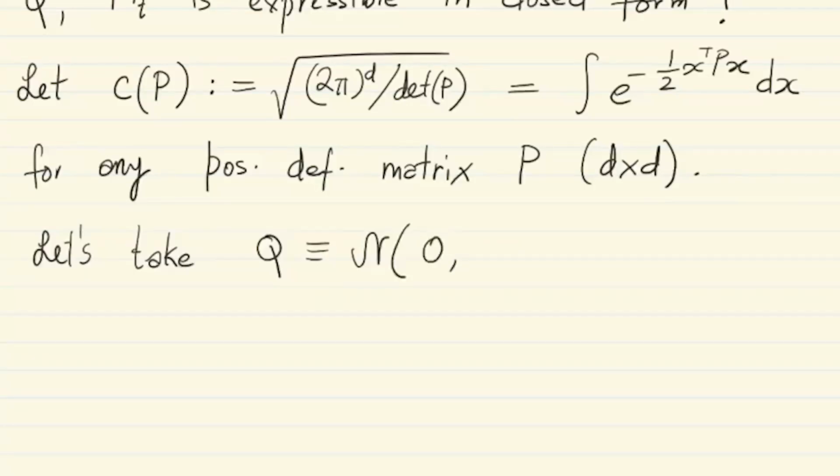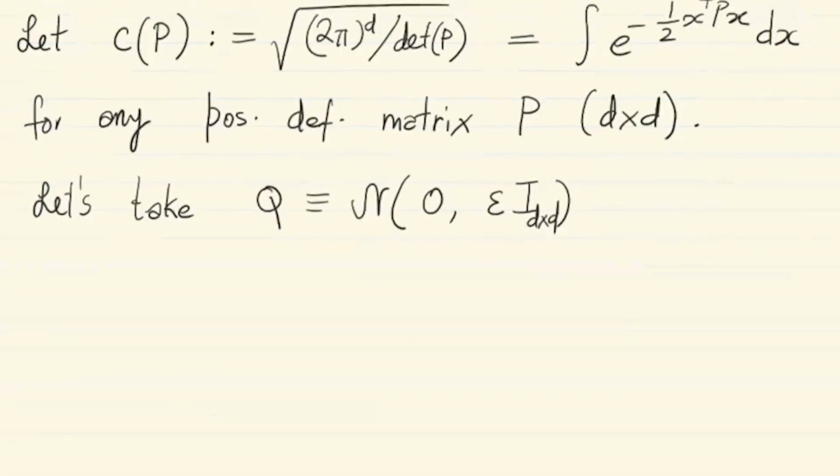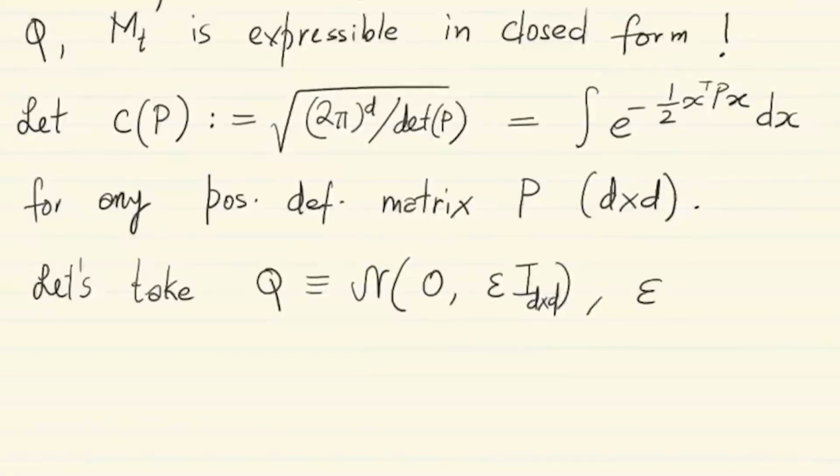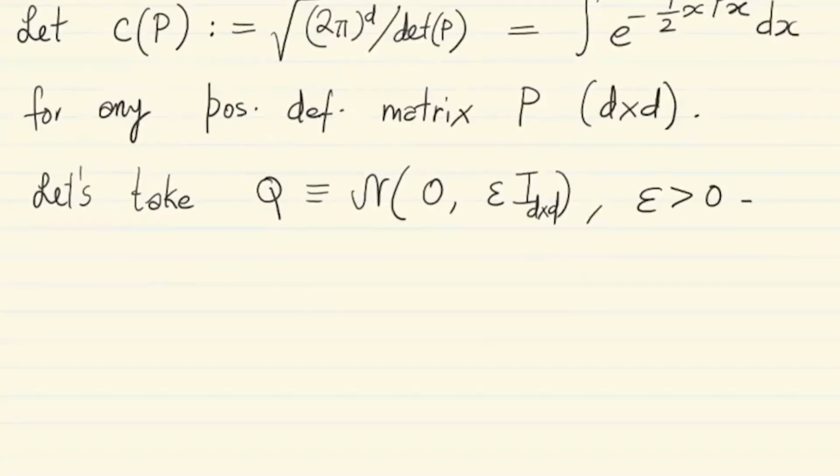Let's say with the mean vector 0 and covariance matrix epsilon times identity, where epsilon is some number greater than 0. So think of epsilon as basically a small number.